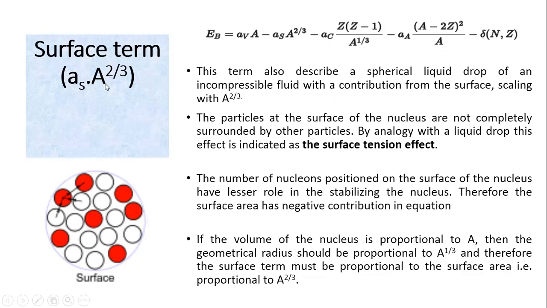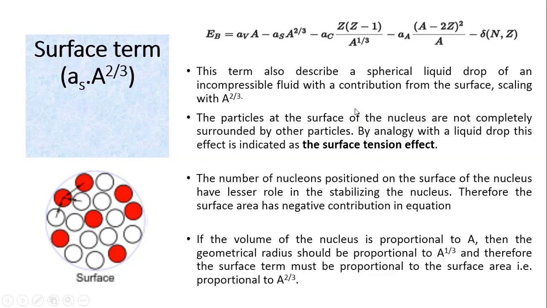The surface term is equal to A_S times A to the power 2/3, and this is called the surface term. This term also describes a spherical liquid drop of incompressible fluid with a contribution from the surface, scaling with the value A^(2/3).